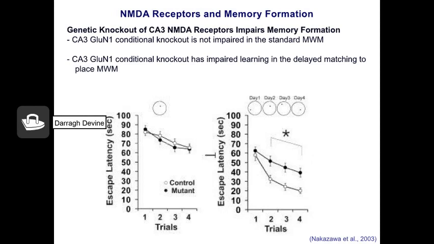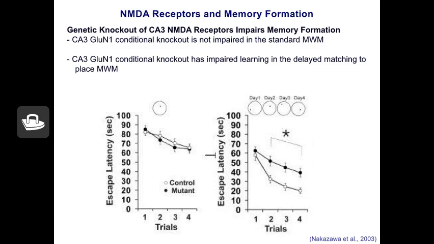Okay, so let's look at an interesting contrast. Rather than knocking out the GLUN1 subunits in the CA1 pyramidal cells, as Qian and colleagues did, Nakazawa and colleagues selectively knocked out GLUN1 subunits in the CA3 pyramidal cells.